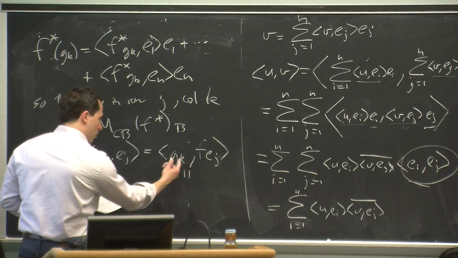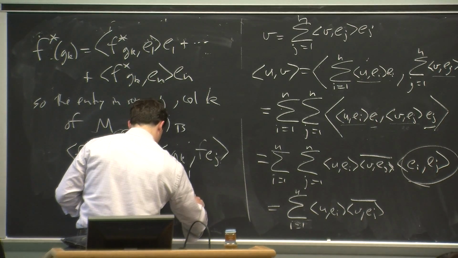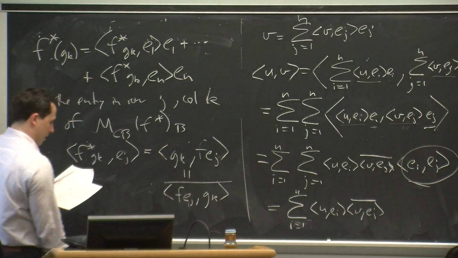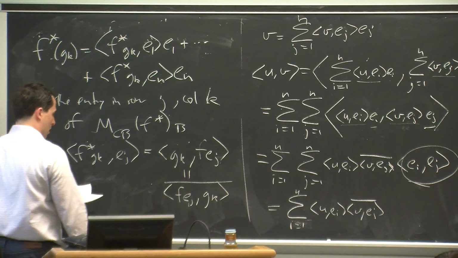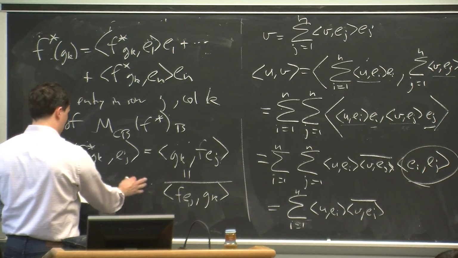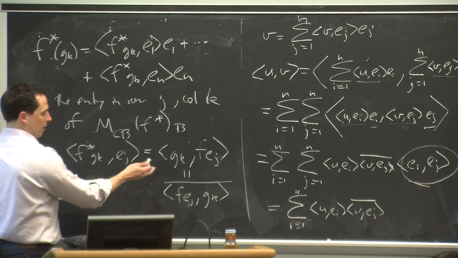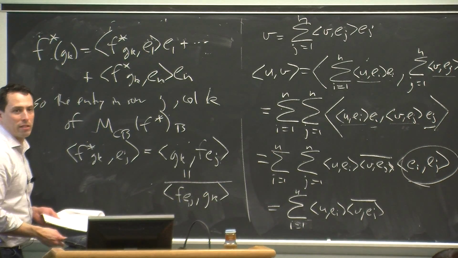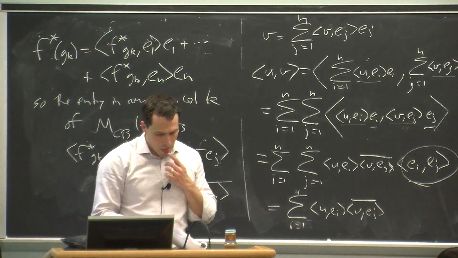I can exchange the order here at the cost of taking the conjugate. So the relationship between this coefficient and that coefficient is that I switch j and k and I conjugate. So that says that the matrices are the conjugate transpose of each other.